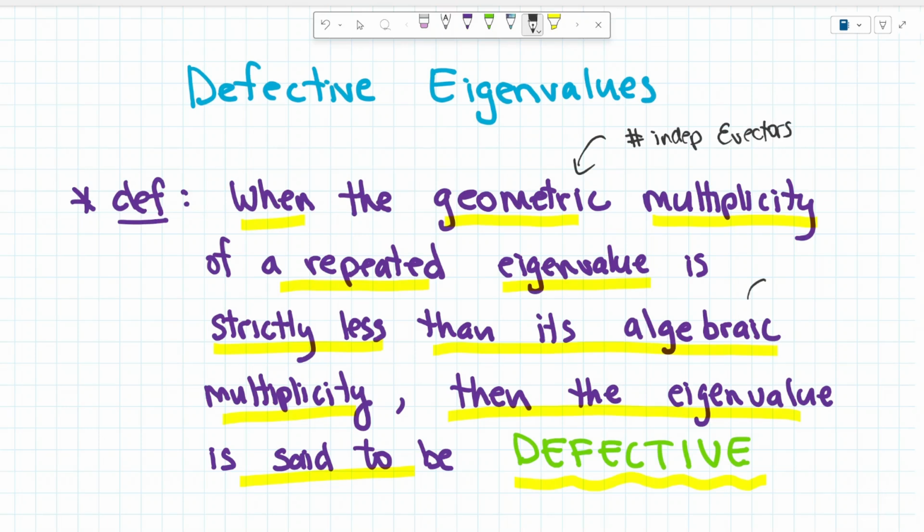And the algebraic multiplicity is the number of times our eigenvalue lambda appears as the root of our characteristic polynomial. So if we have a repeated eigenvalue, say its algebraic multiplicity equals 2, and its geometric multiplicity is less, meaning it equals 1, for example, that means that eigenvalue is defective and our matrix is not diagonalizable.